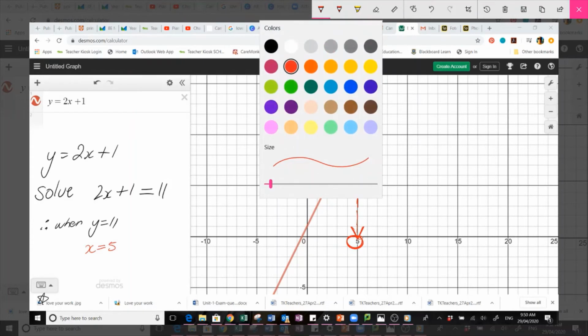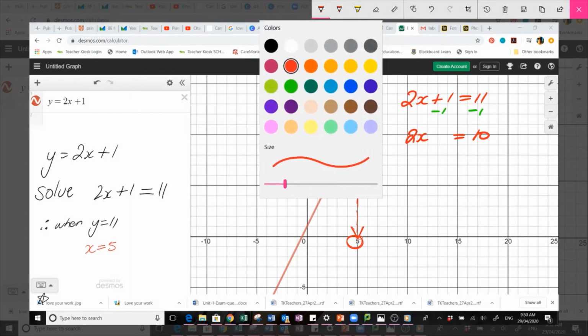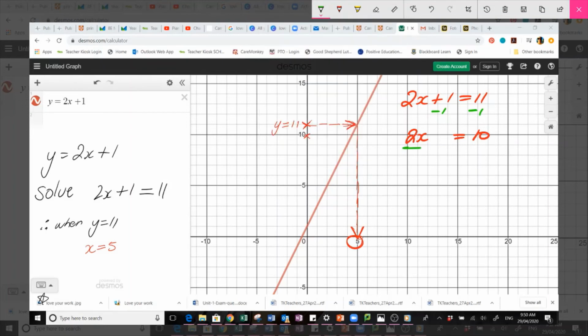Let's test that using our algebra. So we have 2x plus 1 is equal to 11. Now we need to get the x on its own, so let's subtract the 1 from both sides. So we get 2x is equal to 10. Now we need to get the x on its own, so let's divide by 2.